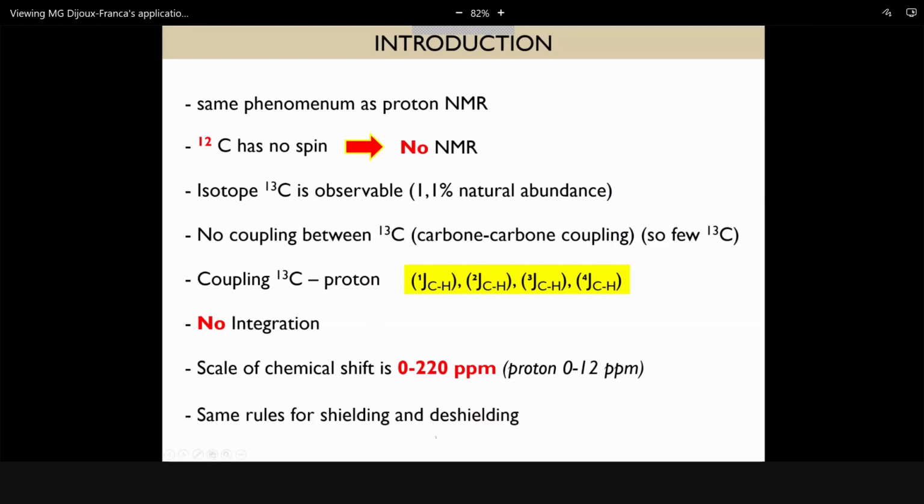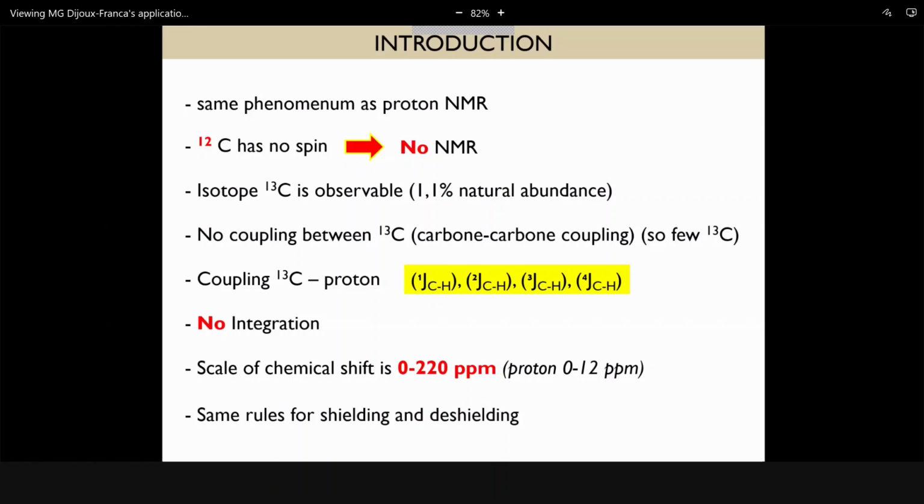But what stays the same are the rules for the shielding and deshielding phenomenon. That means that the way the chemical groups are electron donors or electron withdrawers is the same.